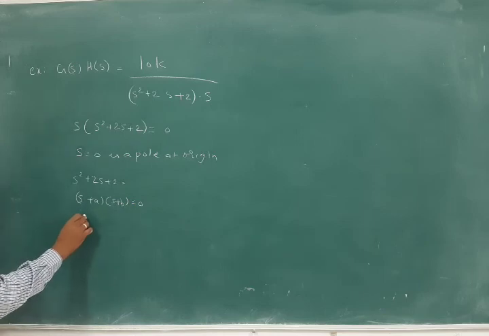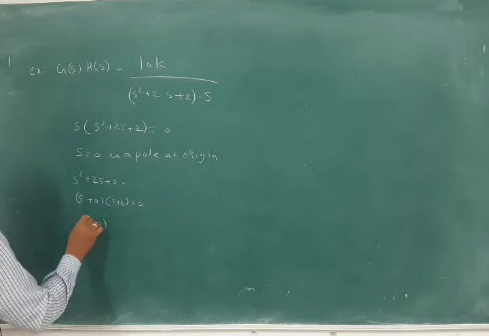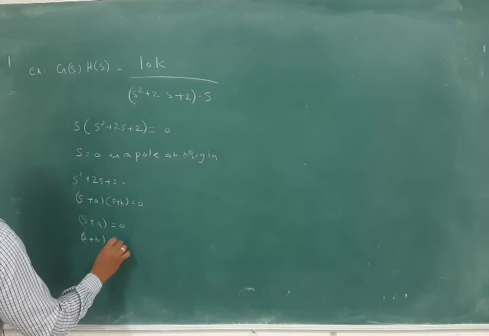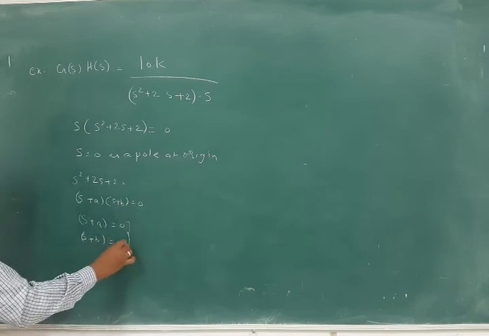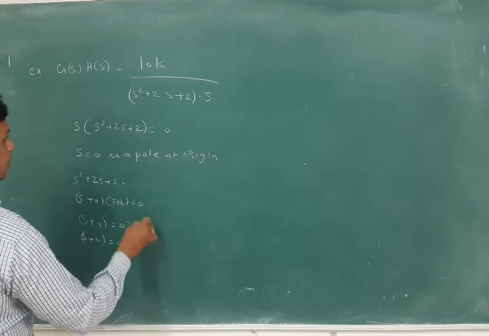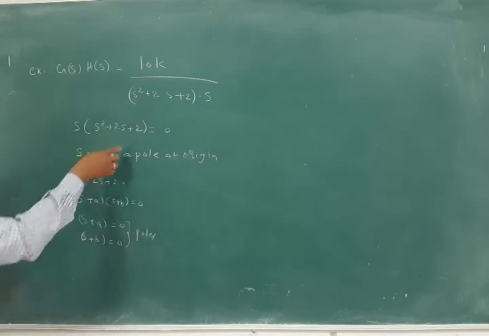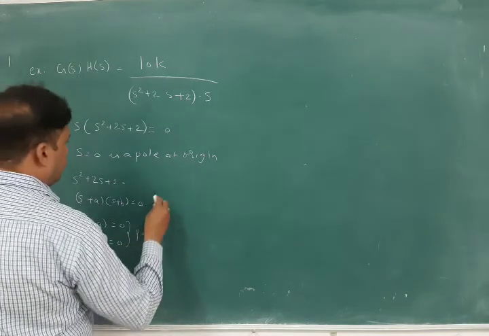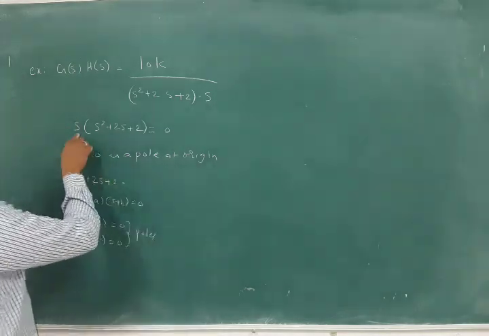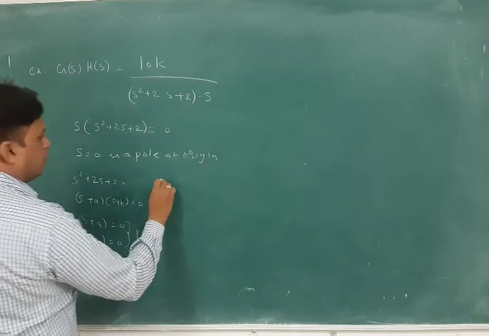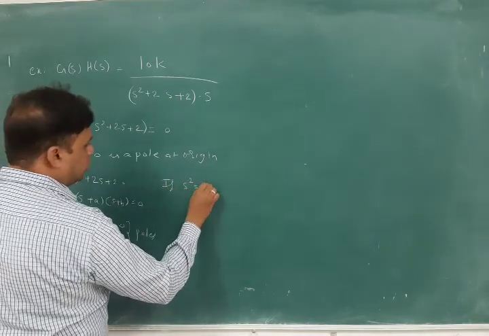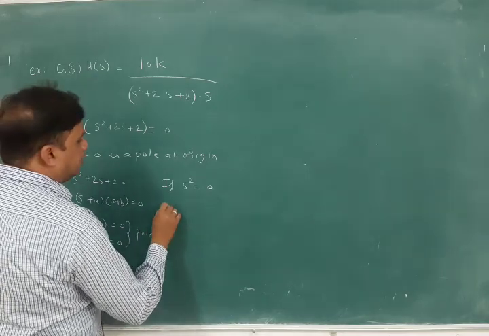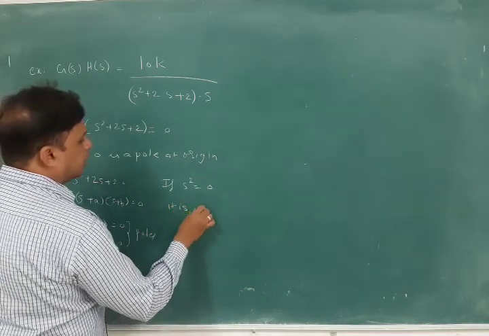So s plus a is equal to 0 and s plus b is equal to 0. These are also poles. If you have s square instead of s, with s square equal to 0, then it is a double pole.